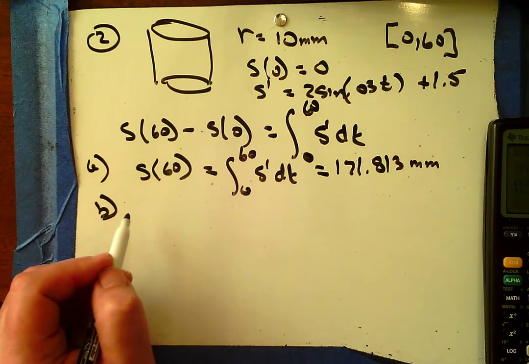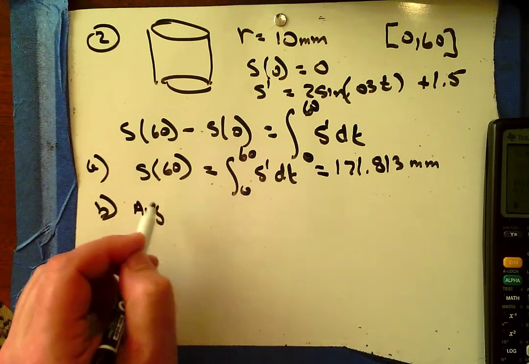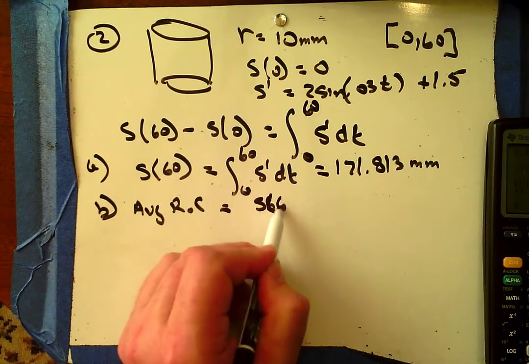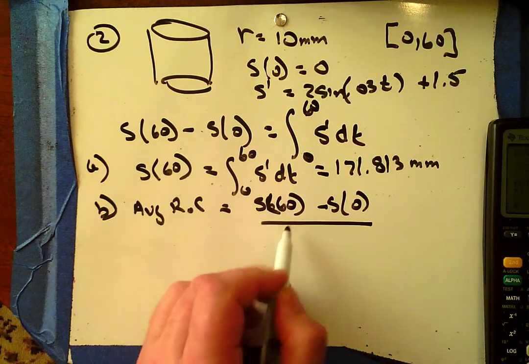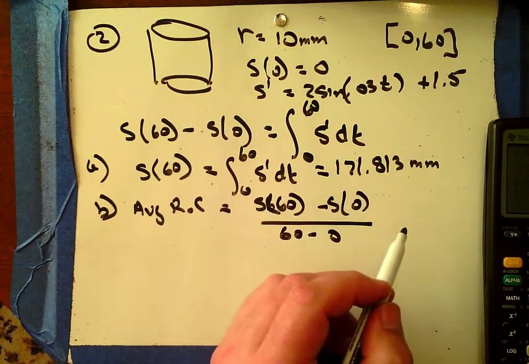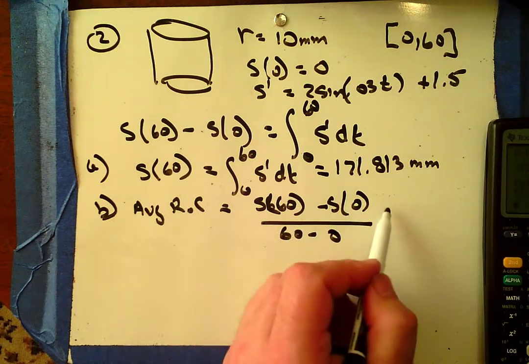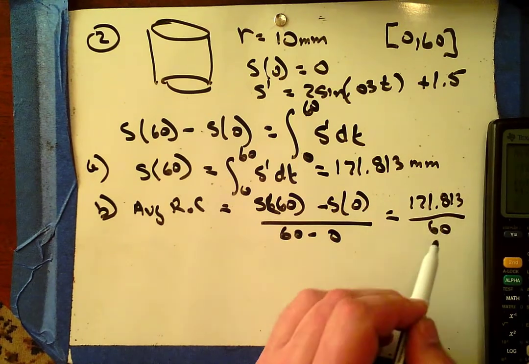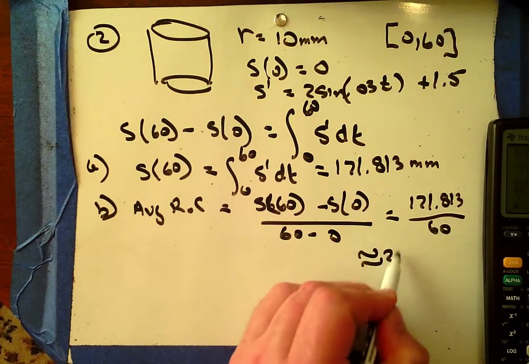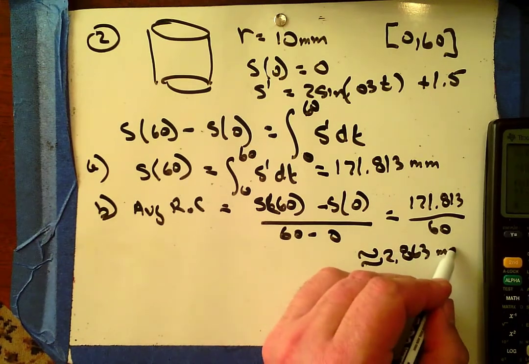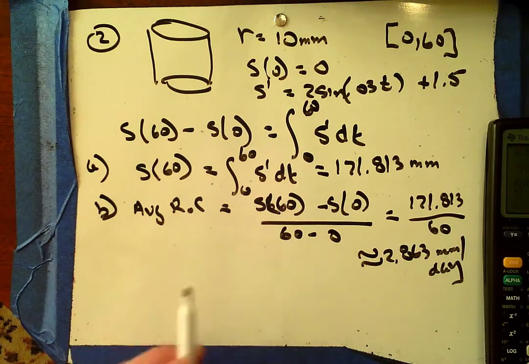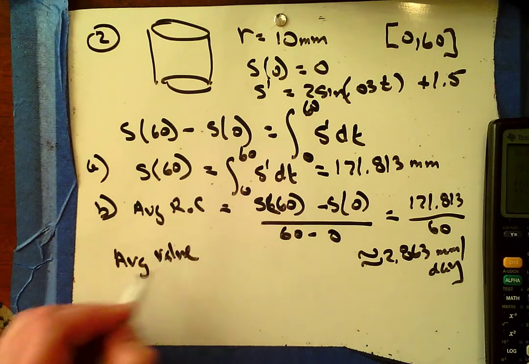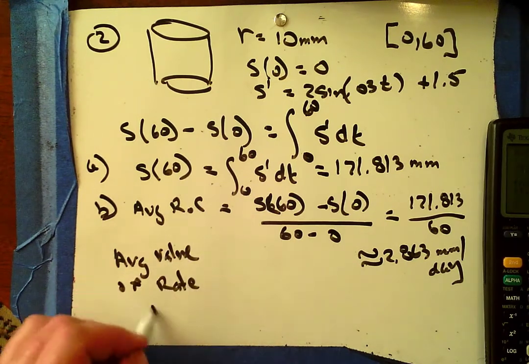So the average rate of change in the height of the water will be S of 60 minus S of 0 over 60 minus 0, that's 171.813 divided by 60, which is 2.863 millimeters per day.